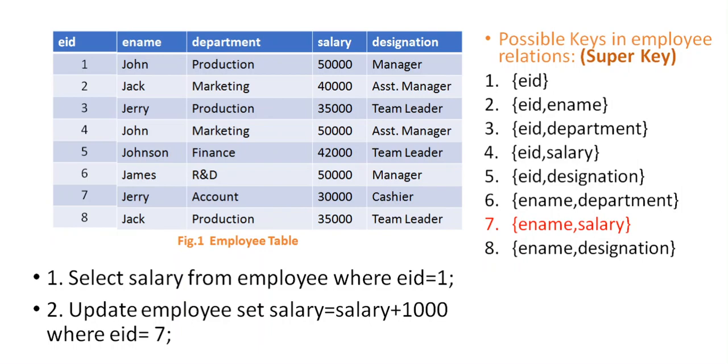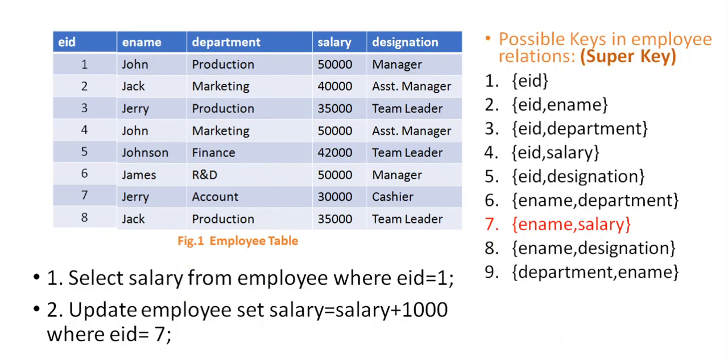One is Jack and assistant manager, and second is Jack and team leader. So these two are different. If you write a query like this, select star from employee where ename equals Jack and designation equals assistant manager, then it will give you the exact row for employee Jack. That's why employee name and designation can be a key.